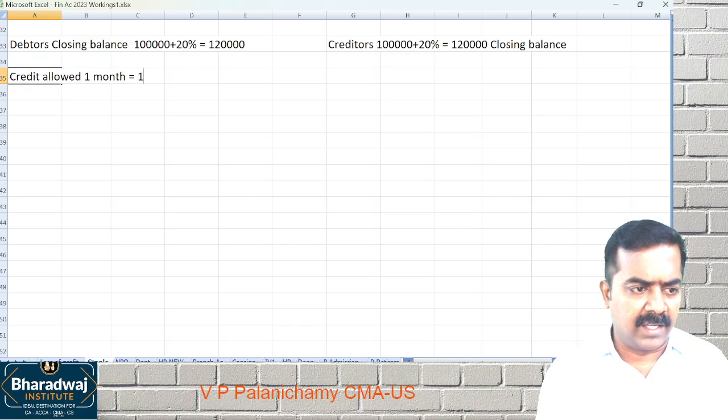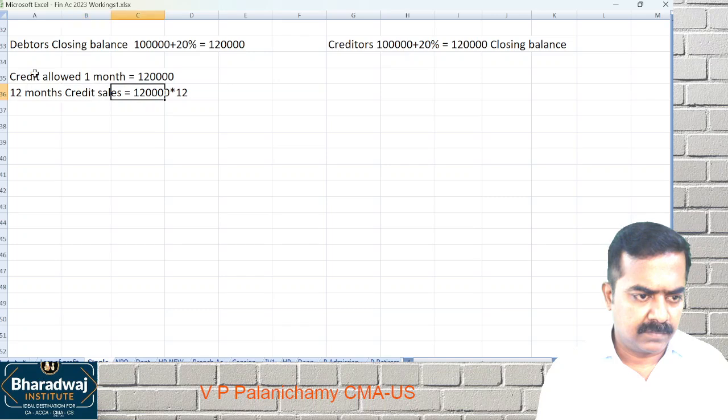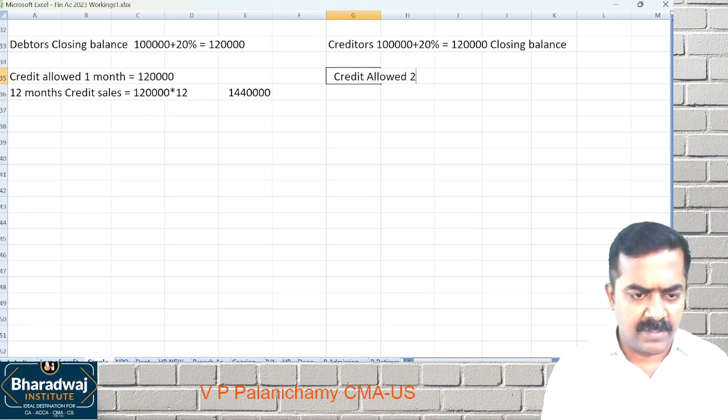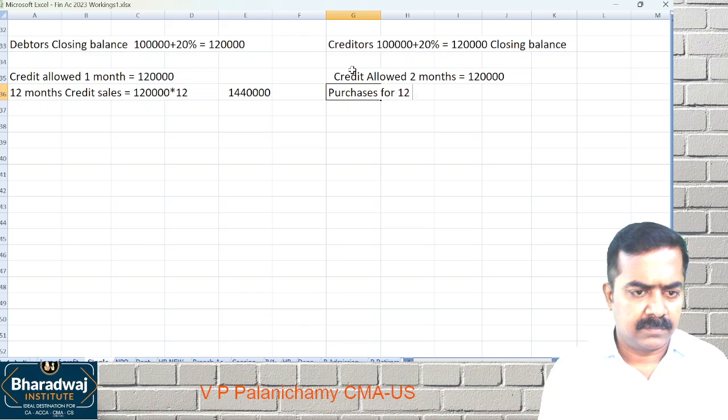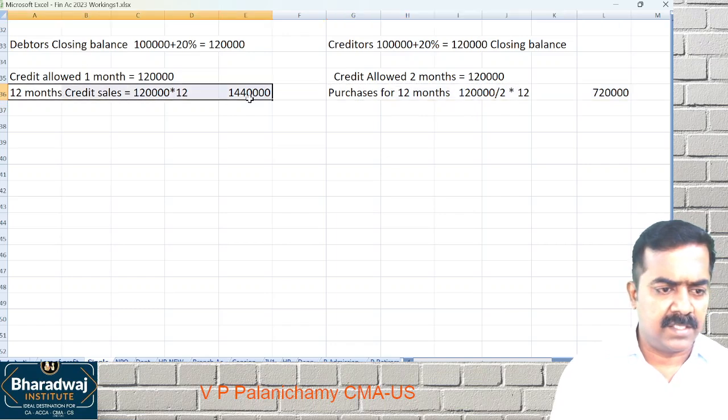That 1 month is 1,20,000, so for 12 months what will sales be? 14,40,000. Here, credit allowed by suppliers is how many months? 2 months, which is 1,20,000. So what will purchases be? If 1,20,000 is for 2 months, what is it for 12 months? 7,20,000 will be there. This is purchases, this is sales.